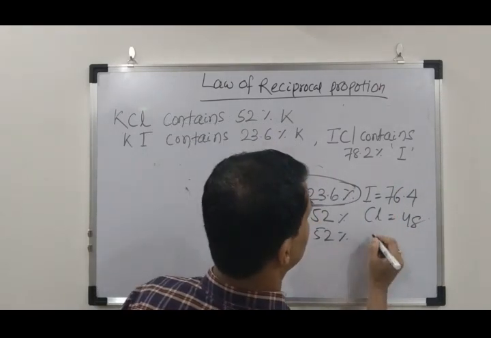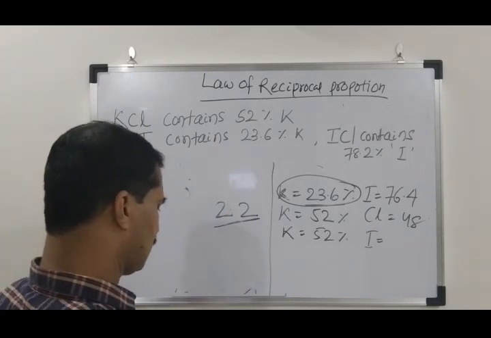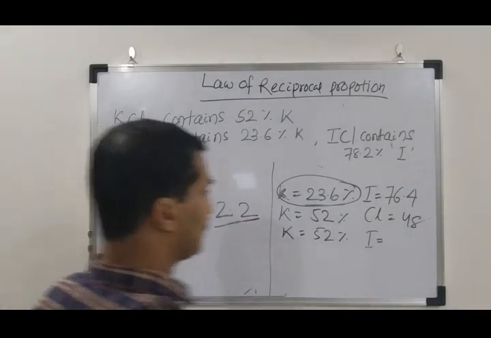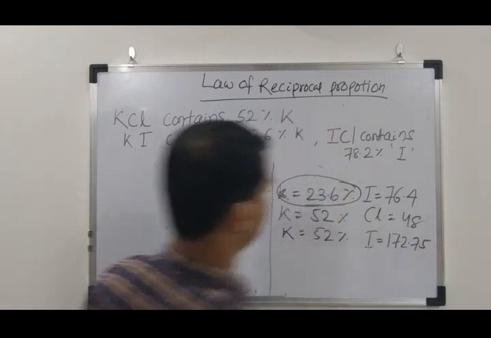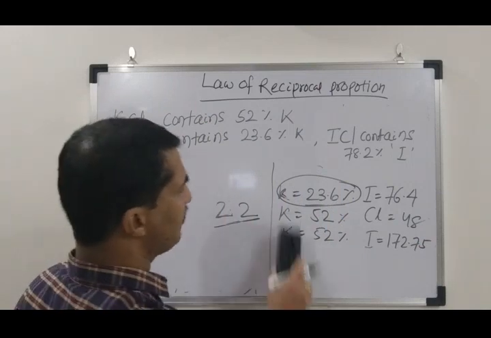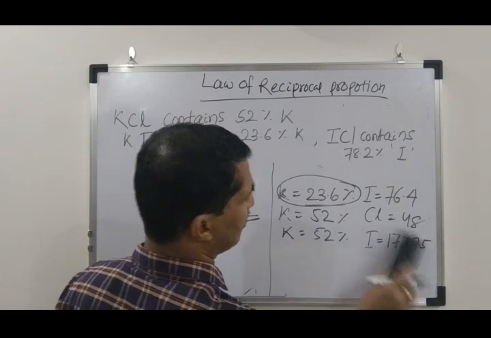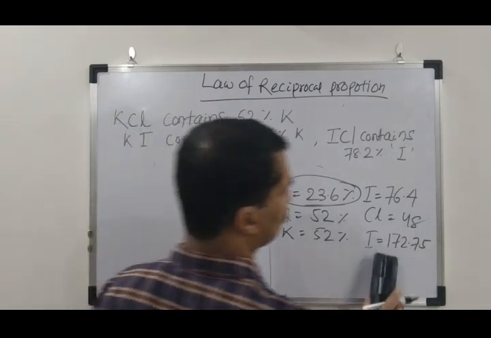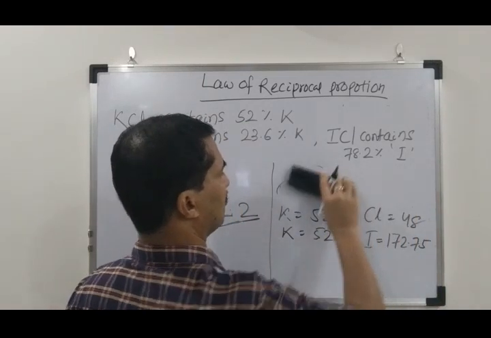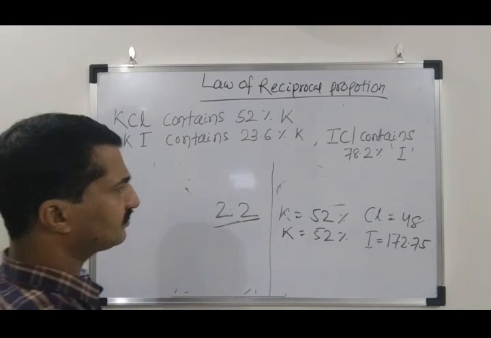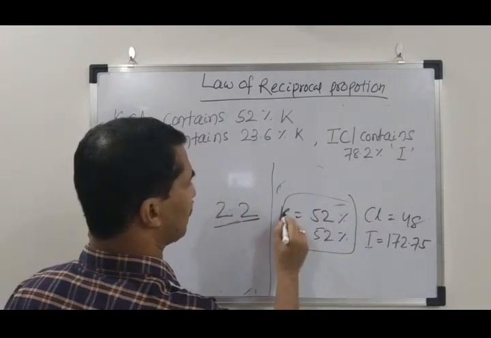So the iodine will come around 172.75. What I did is make the potassium content fixed in both cases, so accordingly the iodine content is a multiple of 2.2. Correct? So now the potassium content remains constant.